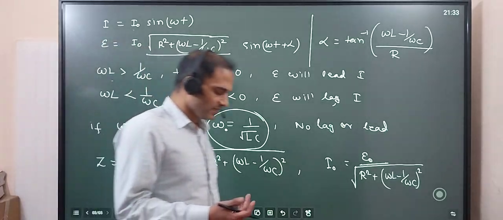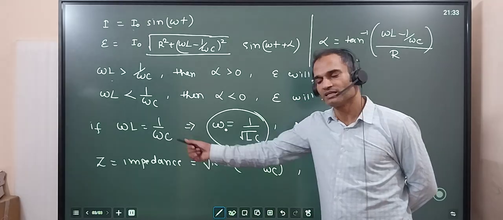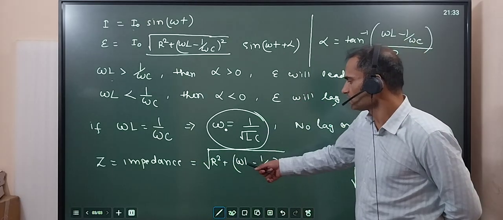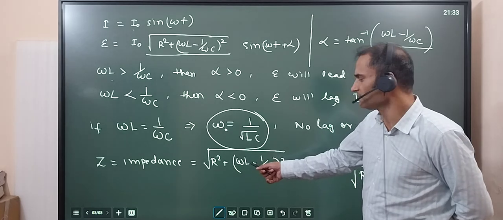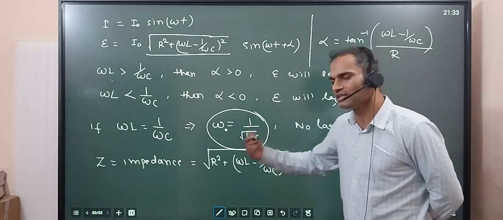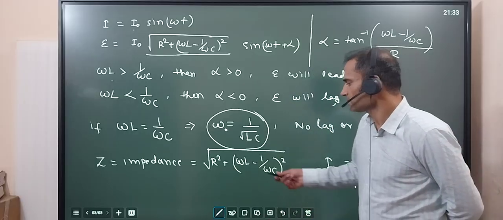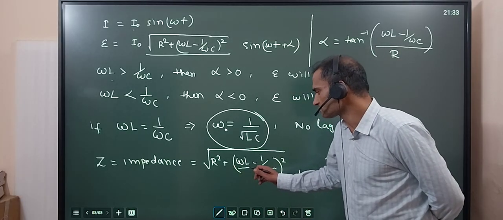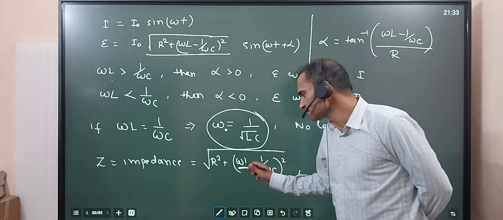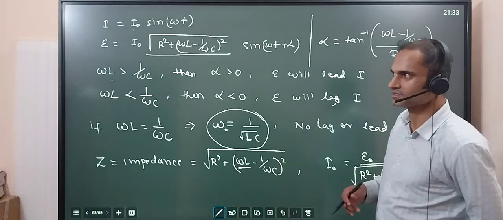What if the angular frequency is larger than this? If omega is very large, omega L will be larger than 1 by omega C. Inductive reactance will be very high compared to capacitive reactance.